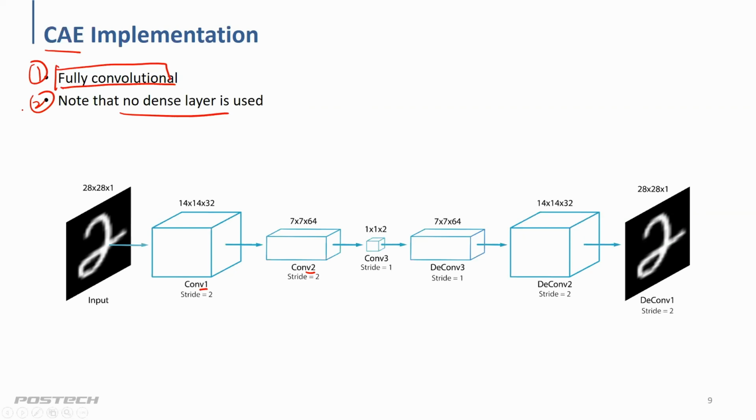For the MNIST data set, starting from 28 by 28, since we're dealing with images, the output should be the same size. I want to reconstruct it.